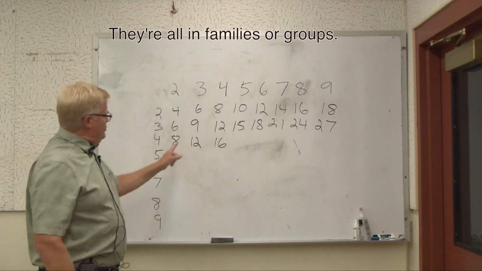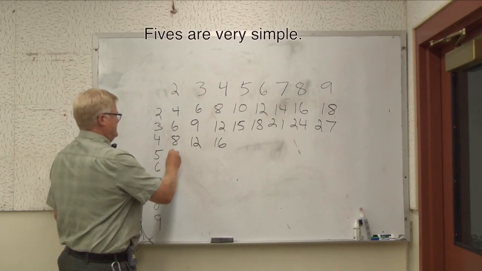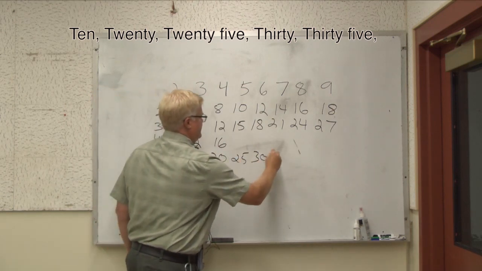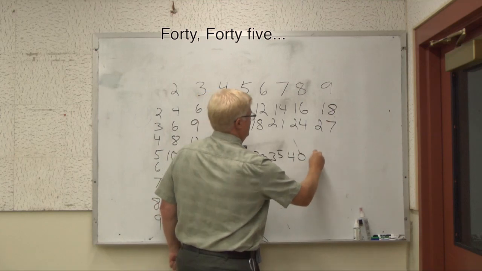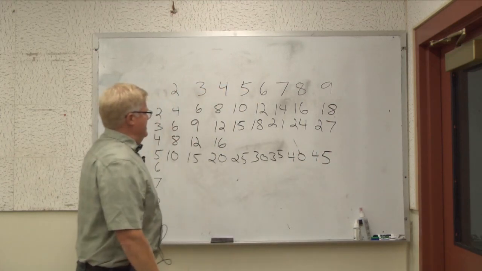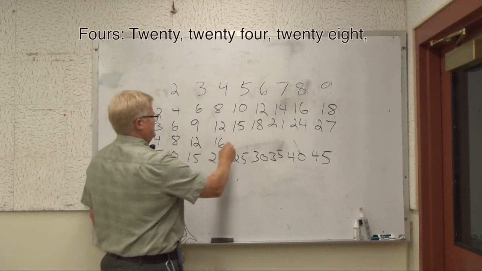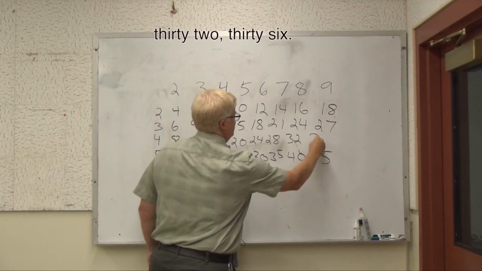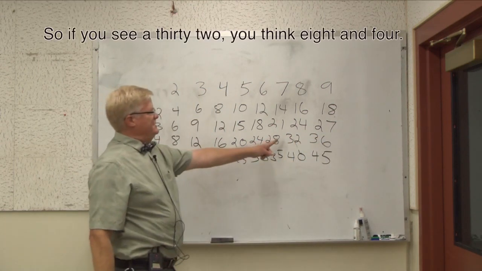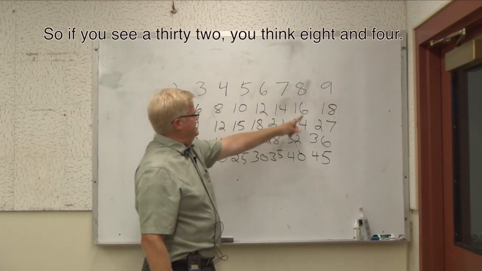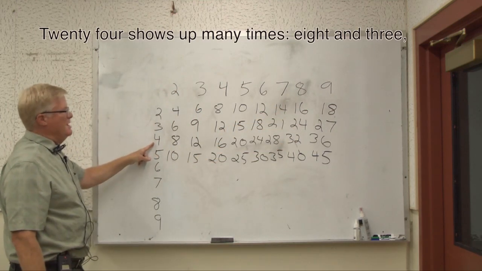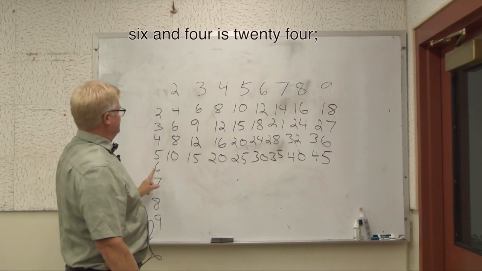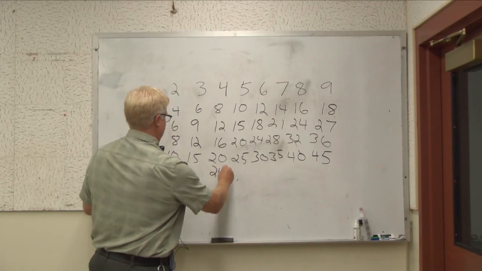They're all in families or groups. 5s are very simple: 10, 20, 25, 30, 35, 40, 45. 4s: 20, 24, 28, 32, 36. So if you see a 32, you think 8 and 4. 24 shows up many times. 8 and 3, 6 and 4 is 24.